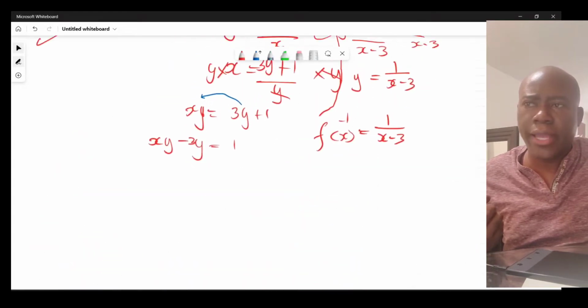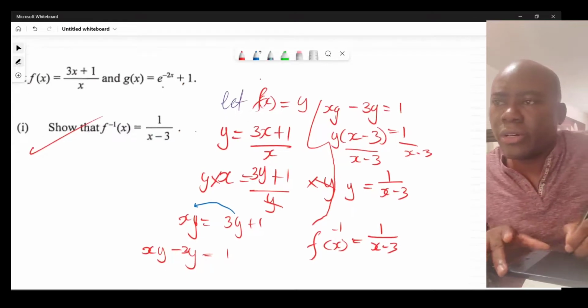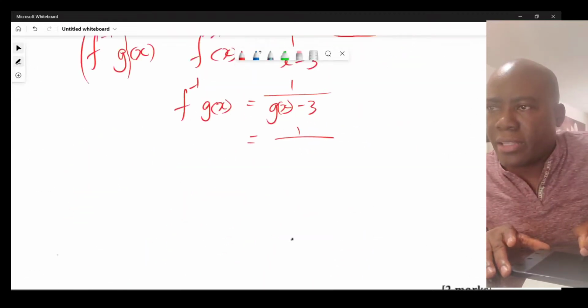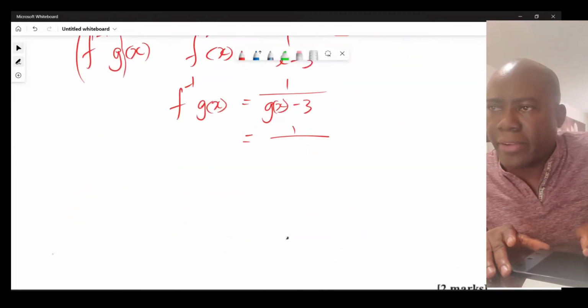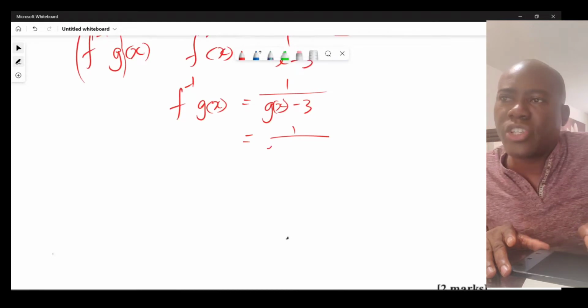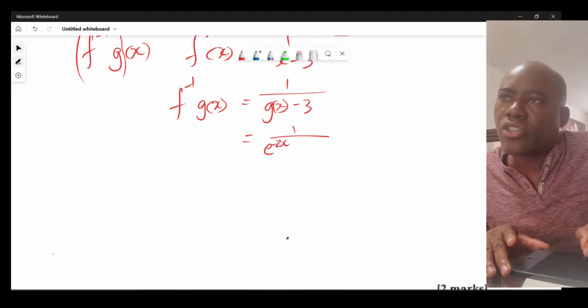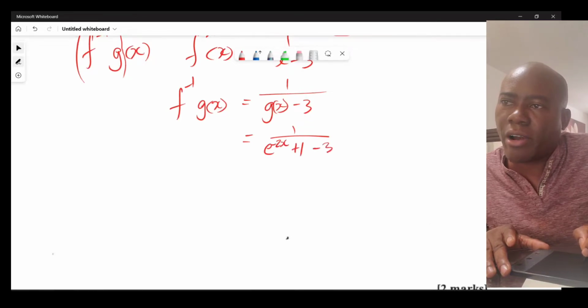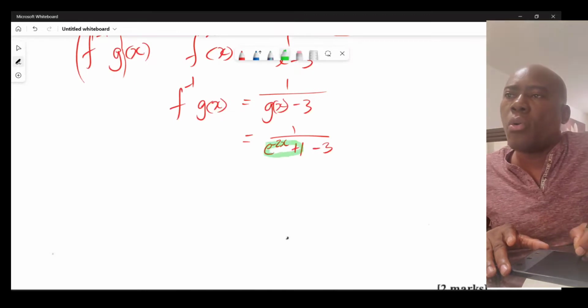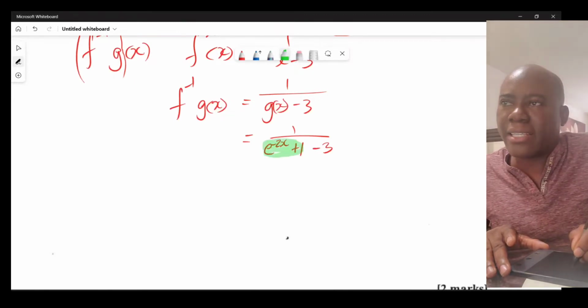So we put that right here: 1 over e^(-2x) + 1, and then minus 3. All of this is the g function. Now we just simplify this.